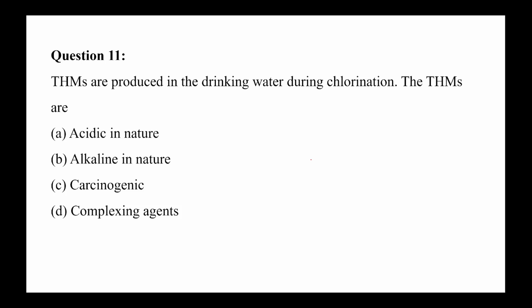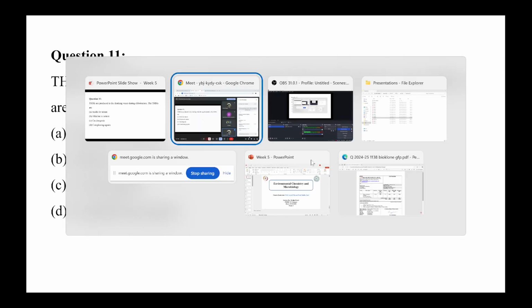Basically, in methane, instead of the 3 hydrogens, there will be some halogen attached to it. So CHCl3 or CHBr3 will be trihalomethanes. And these trihalomethanes, when produced in drinking water, are they acidic in nature, alkaline in nature, carcinogenic, or a complexing agent? What are they? Anybody?